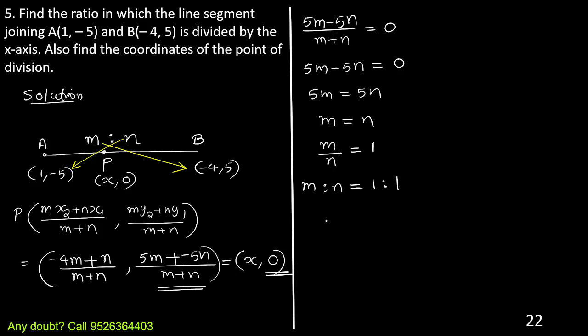So the first part is over. The required ratio will be 1 is to 1. The x-axis divides AB in the ratio 1 is to 1. Substituting m equal to n in the formula, you will get the coordinates of P. Since m is to n is 1 is to 1, you can choose m equal to 1 and n equal to 1.